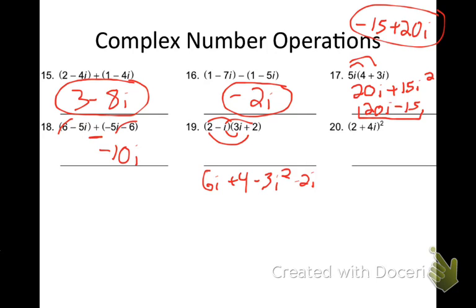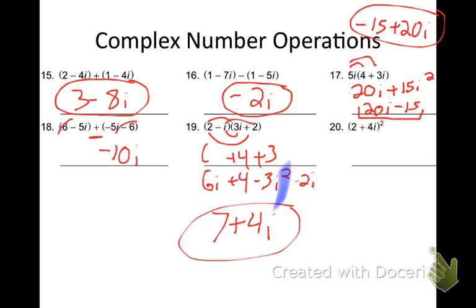Not quite. Andy? What do you get when you finish that one out? 7 plus 4i. Yeah, you get 7 plus 4i. Recognize right here, i squared is going to give me negative 1. So really this becomes positive 4 plus 3, so 6i plus 4 plus 3 minus 2i. So I just subtract my i's, then I combine my real parts.